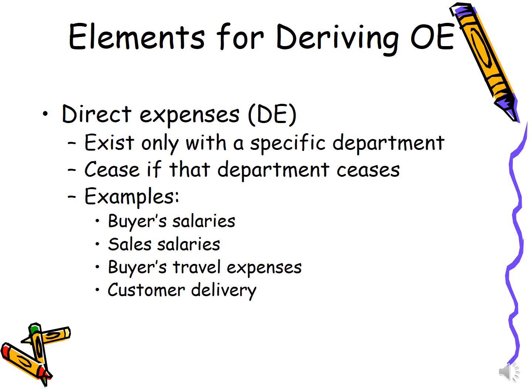Any salespeople's salary, for the people who are working in the women's wear department, will be direct expenses for the women's wear department. The buyer's travel expenses will be the women's wear department's direct expenses if the buyers are women's wear buyers. Any customer delivery that you had to provide for women's wear customers will be direct expenses for the women's wear department, etc.